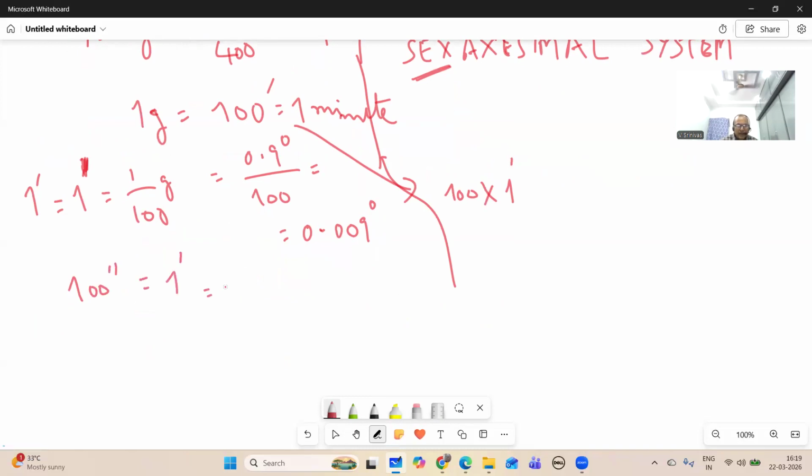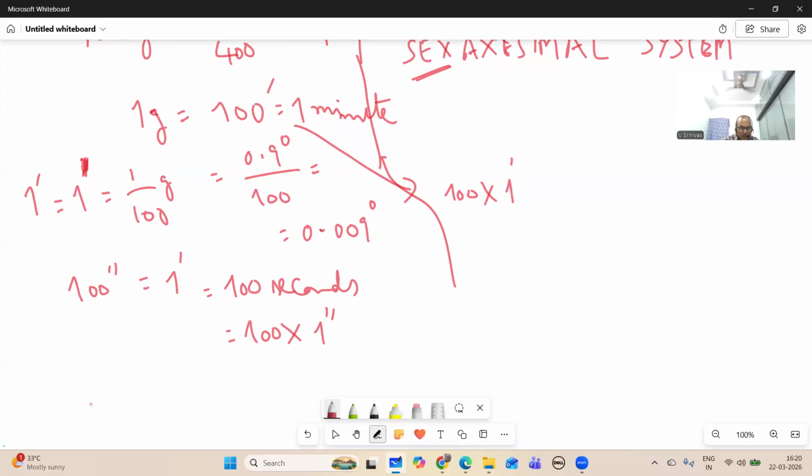This symbol stands for seconds in the centesimal system. 1 minute is defined as 100 seconds, so 100 into 1 second, written with a double prime. It is called 1 second.